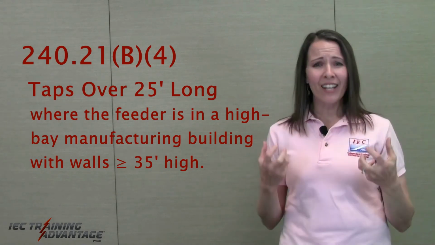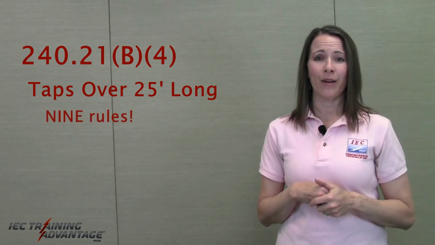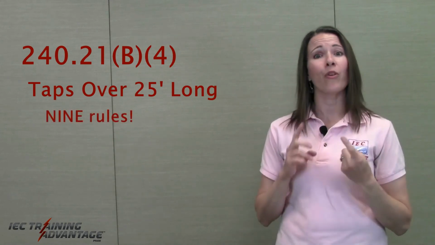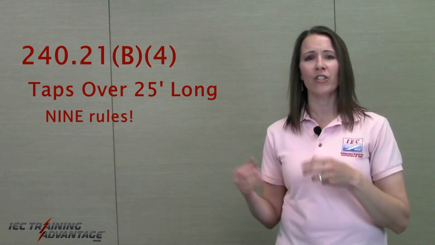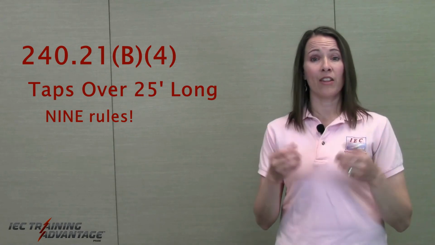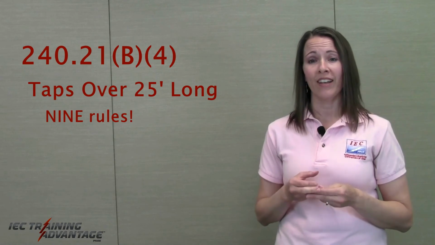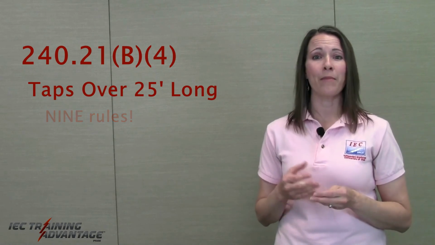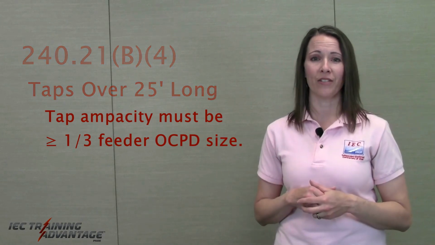There are 9 rules, more than the other feeder tap rules, and we're just going to talk about the one rule that applies to size. The other rules are about supervision and protection and length, but this one we're just going to talk about the sizing rule. And it's easy. It's the tap ampacity has to be no less than 1/3 of the feeder overcurrent protection device.